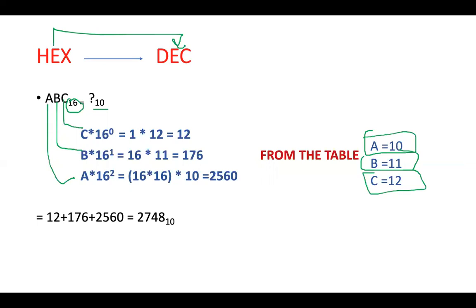So 1 multiply 12 is going to equal 12, and so on. In 10, we have all the results. So 12 plus 176 plus 2560, it's going to equal this number, and we will not forget that the base is 10 because now it's a decimal number.